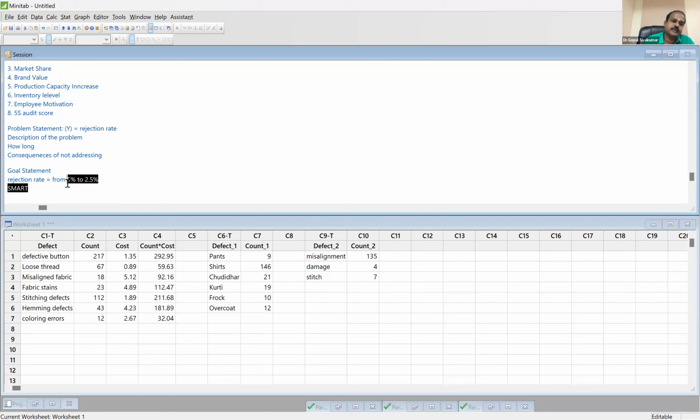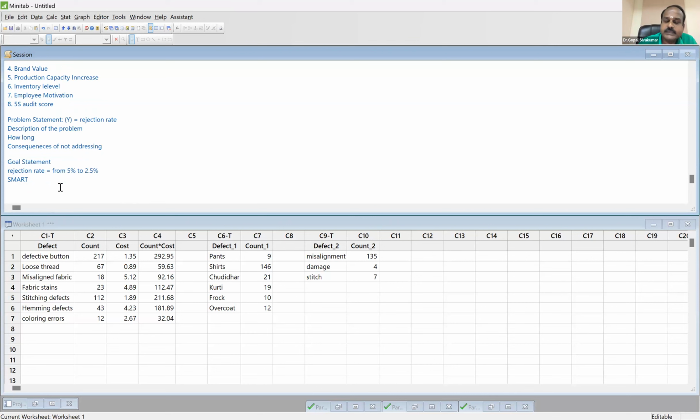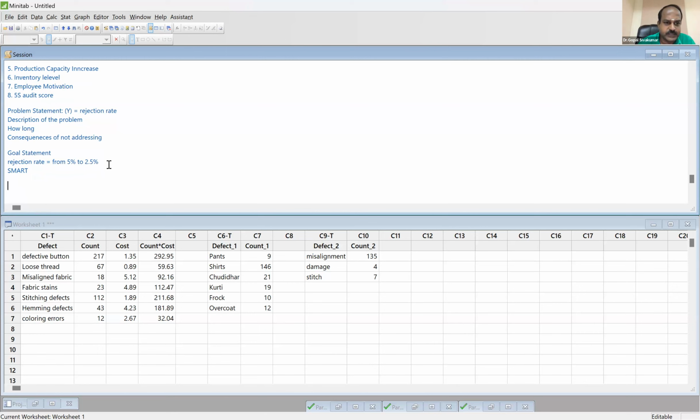The goal is relevant, in the sense that it is one of the organization's strategic priorities. Quality is the main focus. And time bounded: within how many months will you complete this project? That has to be included. So reduce rejection rate from 5% to 2.5%, I'll say within 4 months. Now my goal statement is following the SMART principle.